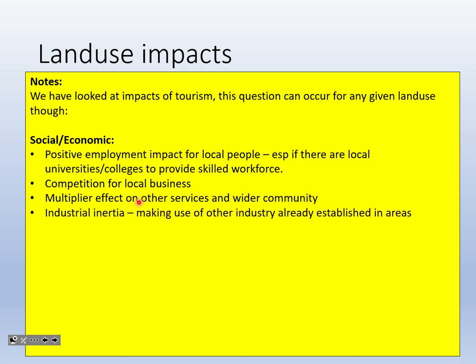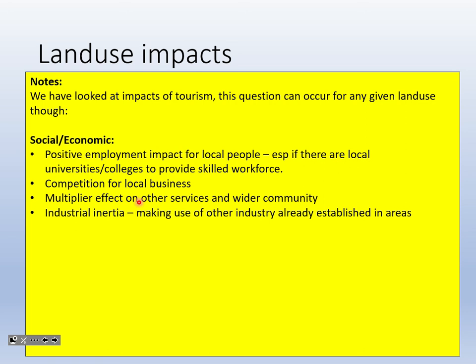Some other less used but useful things to think about when you're revising this kind of question is the concept of industrial inertia. Industrial inertia is when one industry, let's say Business X that we are setting up, makes use of the skills of already established businesses in the area.